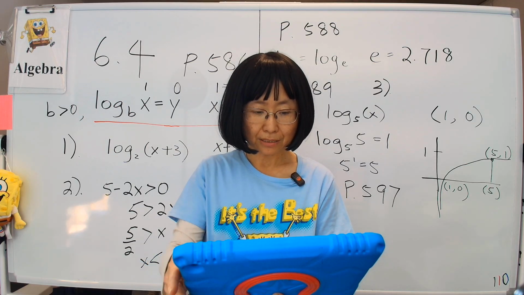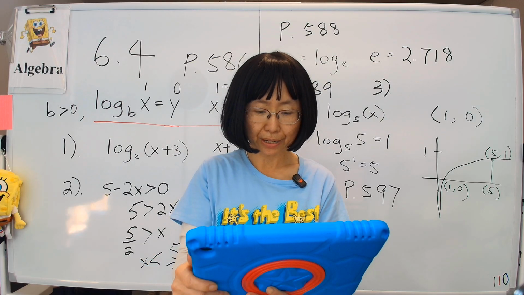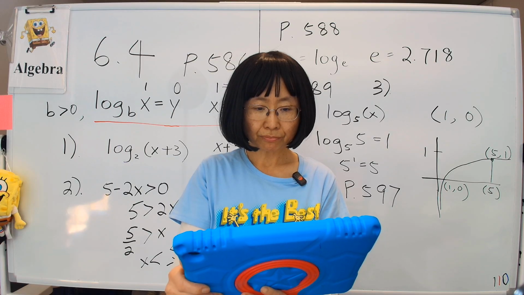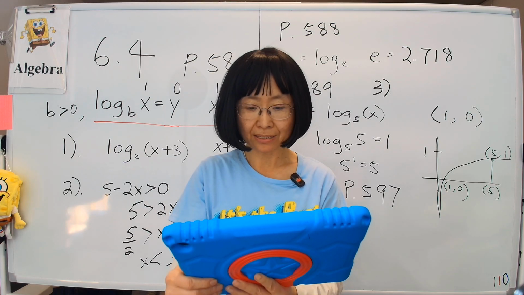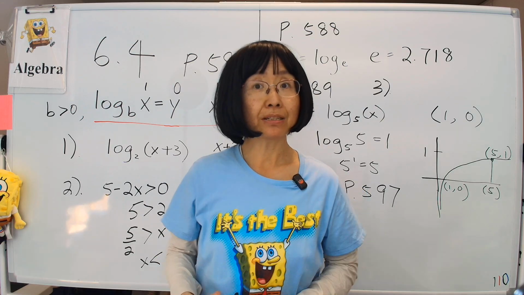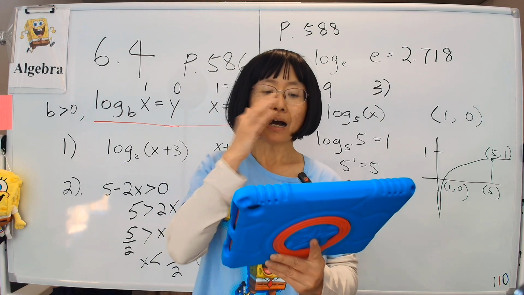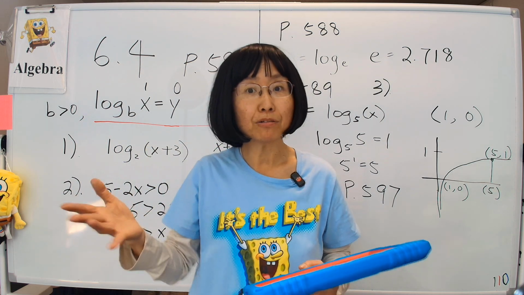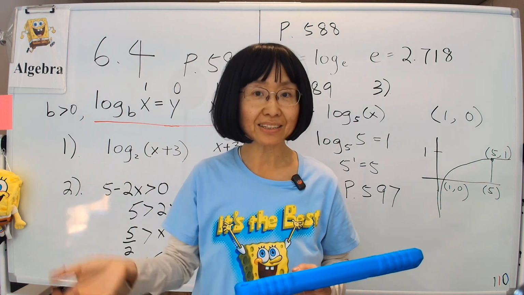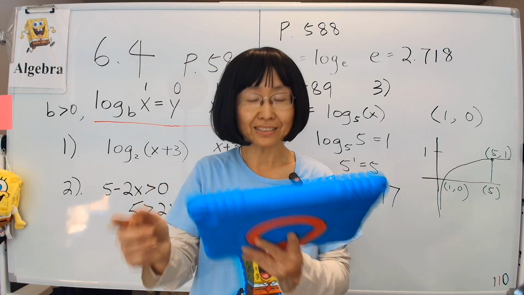So let's look at the next page, and we do example 8, where we're sketching the graph of log(-x). You can graph this in the Desmos calculator. You just type in log and then parentheses -x, and Desmos will plot it right out for you.